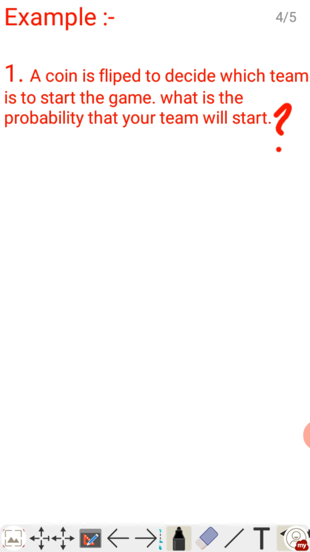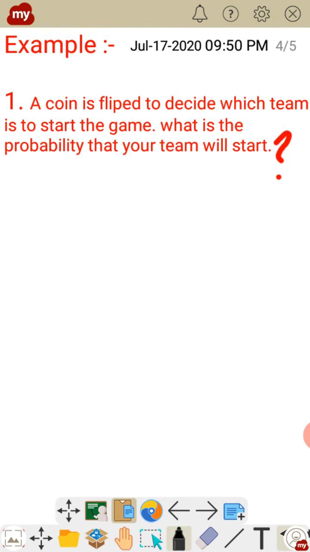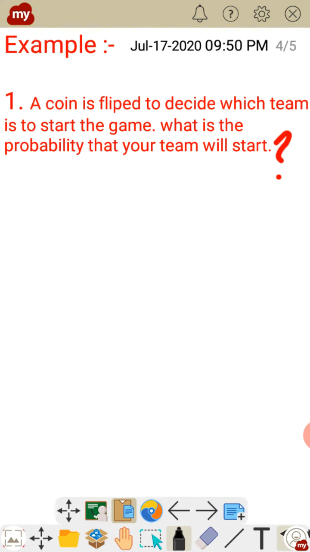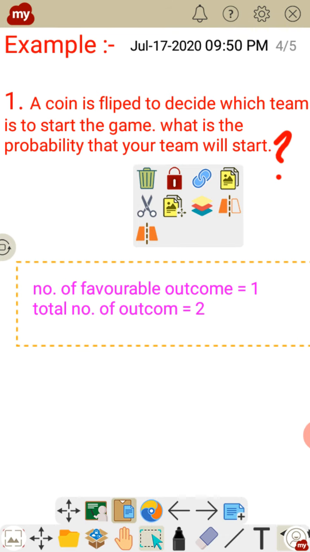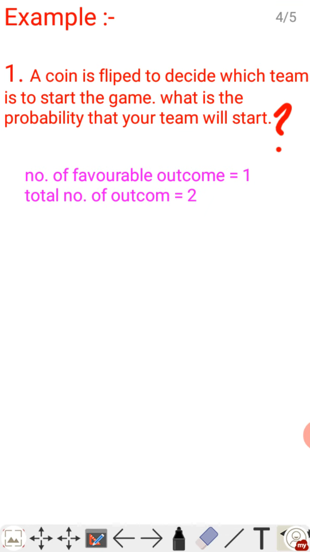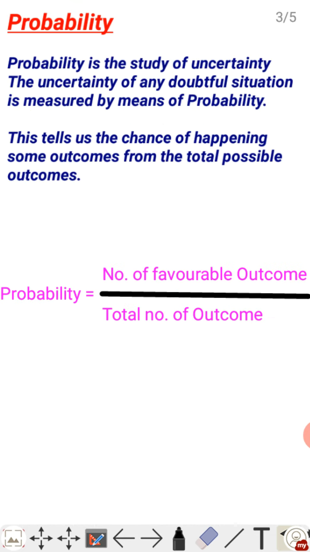And as the coin is flipped only once, what will be the number of chances of winning the toss? That is 1. So we get the number of favorable outcomes as 1 and the total number of outcomes as 2. Now we will put these values into the formula.